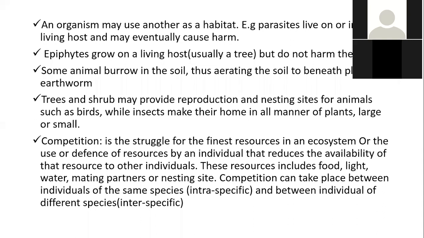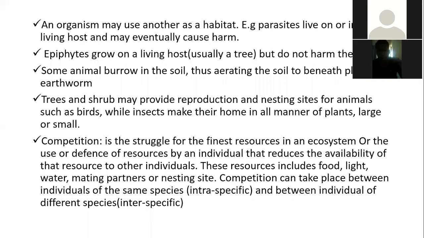But when it's living inside, the parasite is referred to as endoparasite. It may eventually cause harm to the other organism. That is what we call a parasite.